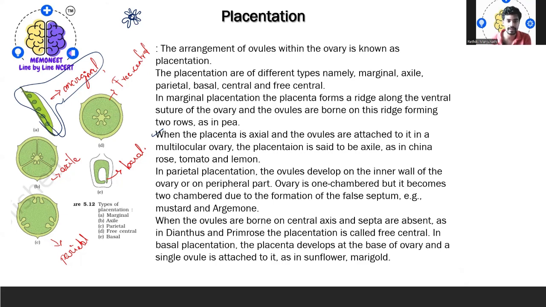Then we have parietal placentation. In parietal placentation, the ovules are developed on the inner wall of the ovary. So as you can see, they have been developed on the inner walls of the ovary.